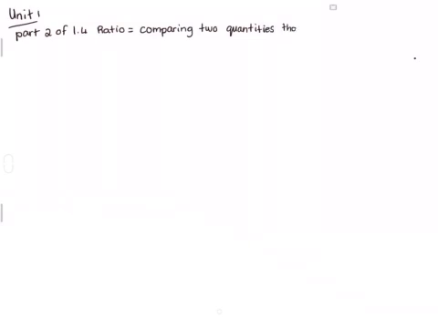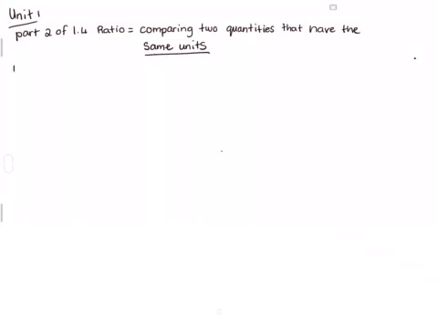But here's the important thing about them. They have to have the same units, as in comparing kilometers to kilometers, minutes to minutes, weeks to weeks. We will do an example like that.